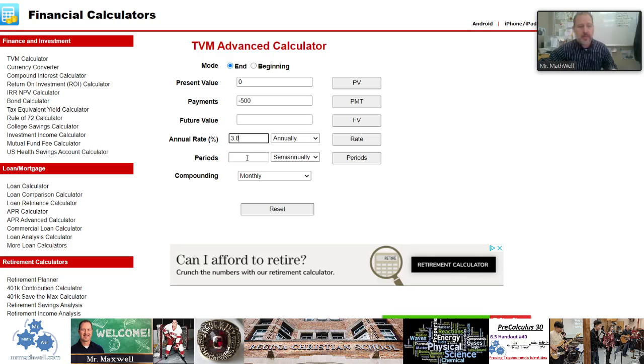The periods, okay, so how many periods? We're talking about 10 periods, 5 years semi-annually, that's 5 years times 2 per year. So the periods are 10, okay? And the compounding frequency is semi-annually as well.